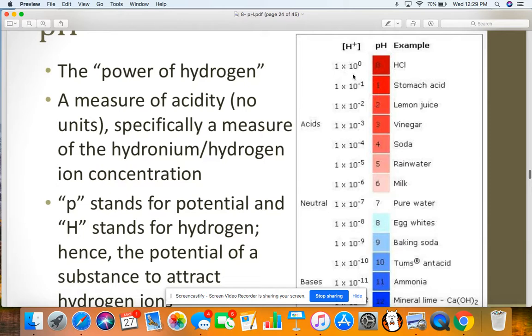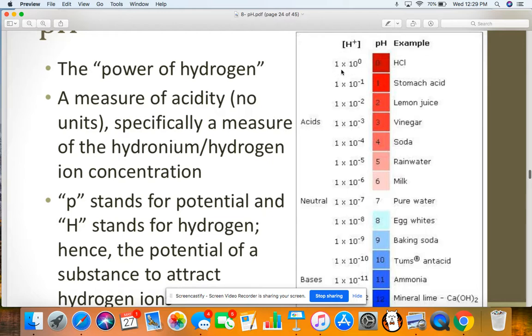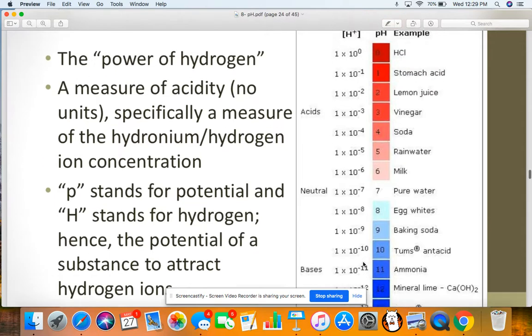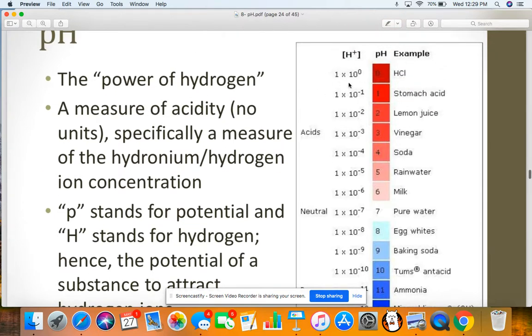So you can actually go ahead and see that this is related to the concentration of hydrogen ions. So if we take a look at this scale here, 1 times 10 to the 0 compared to 1 times 10 to the negative 14, since this number is in the negative, this number is actually the smallest, and this number is actually the biggest.